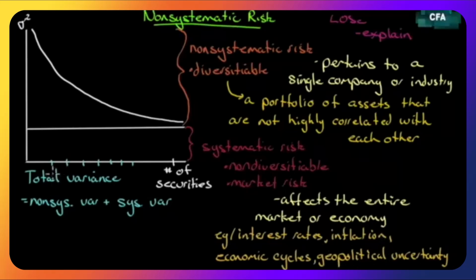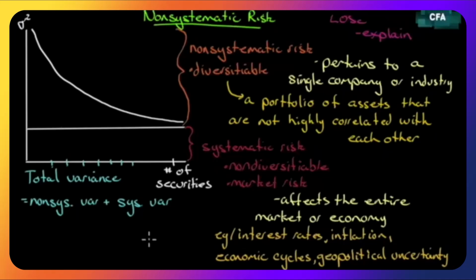So we can break total variance, which we have on the vertical axis, into two components, a non-systematic component and a systematic component. We call these non-systematic variance and systematic variance. So when we take one particular asset and measure its variance, what we're measuring is total risk.